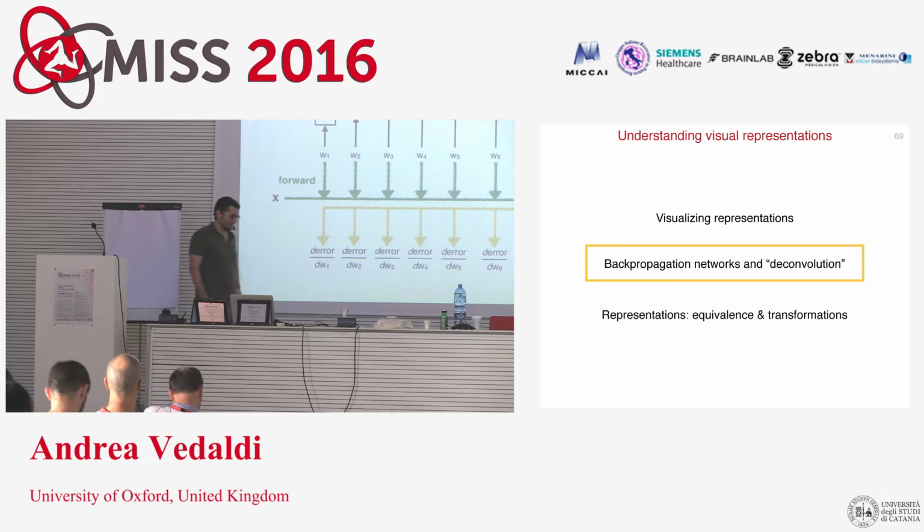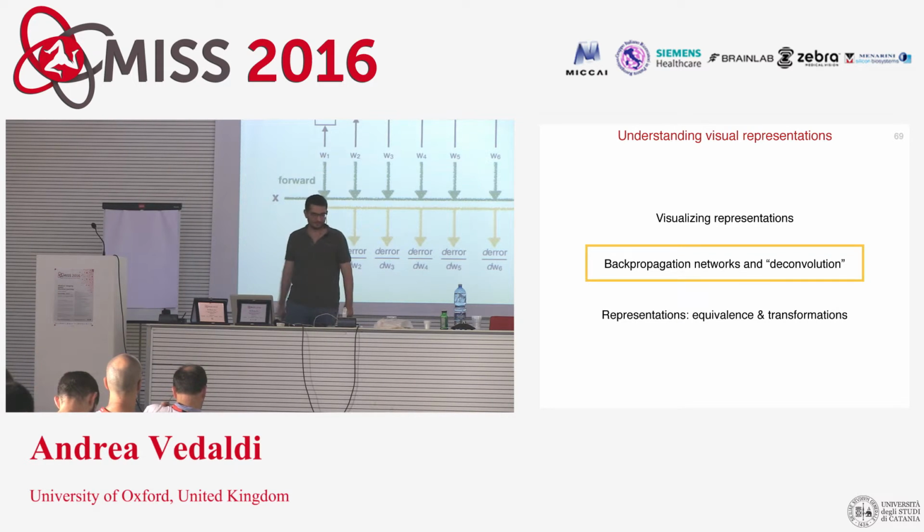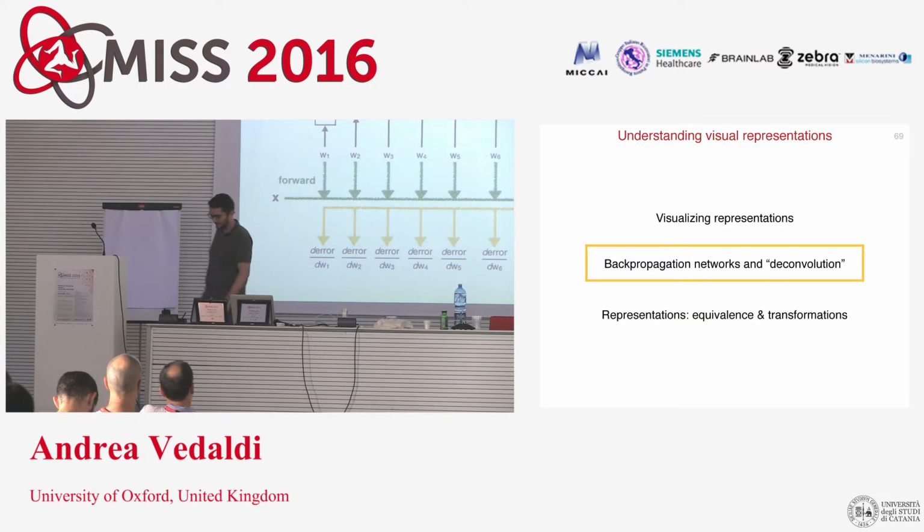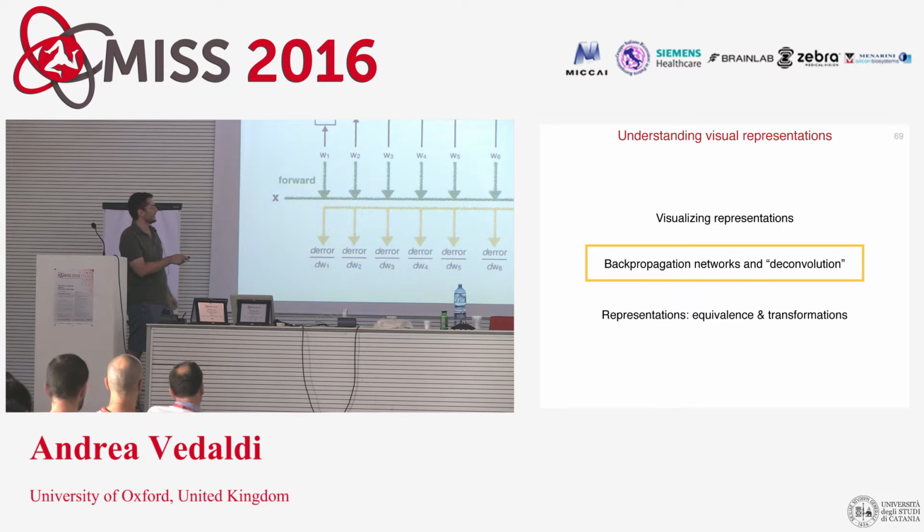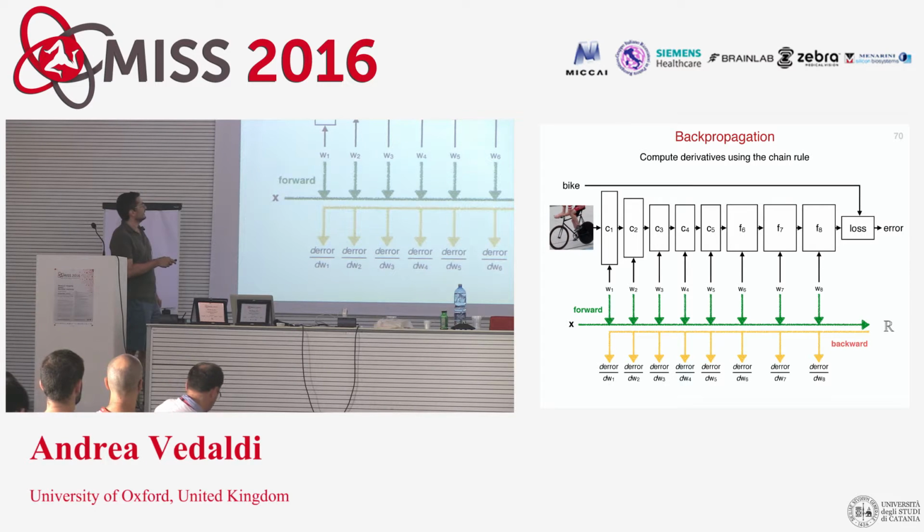All right, so what is backpropagation? Well, you should know already perfectly well what it is, because of Raquel's talk yesterday. But anyways, it's a process for which you take a deep network which ends in a loss term. So in this case, this number should be small, provided that the network tells us that this is a bicycle, and it should be large instead if the network is wrong and tells us this is a dog. So at the end of the day, what I get is a function of the image and the label, which outputs a scalar.